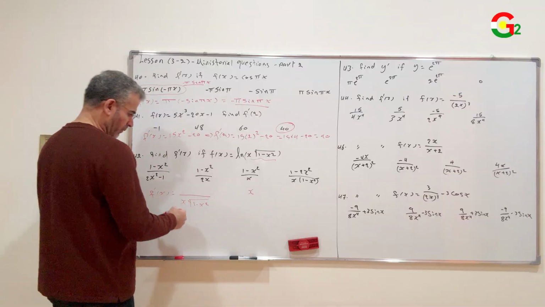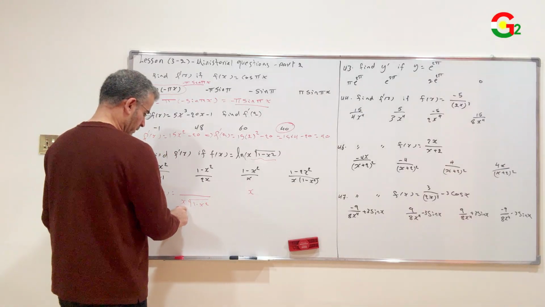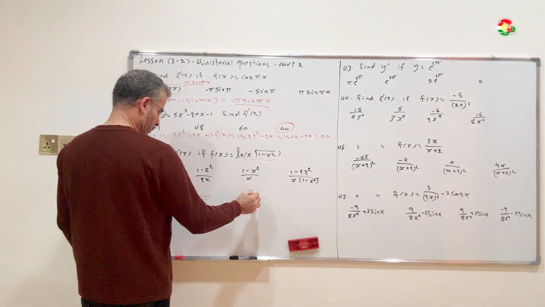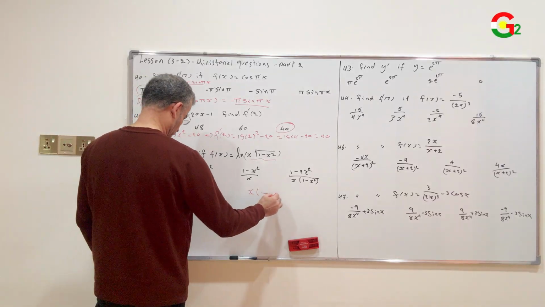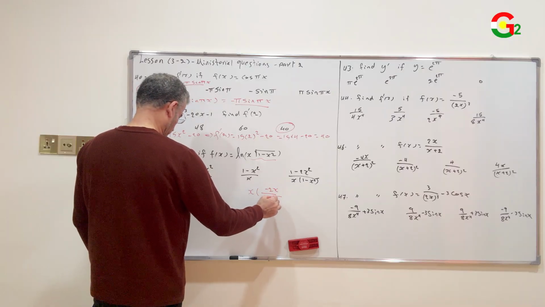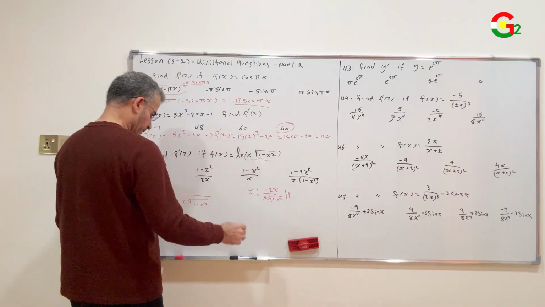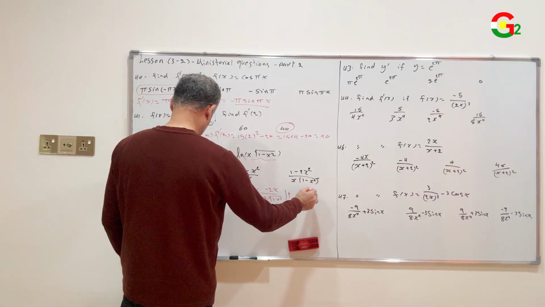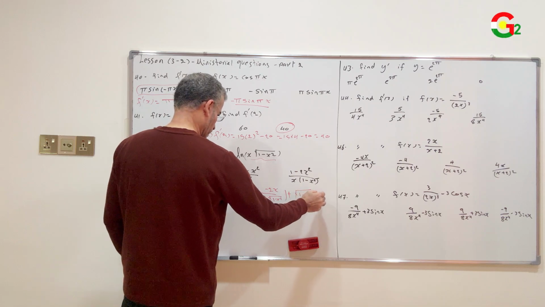The first one, apply the rule of multiplication of two functions. The first one times the derivative of the second one, negative 2x over 2 square root 1 minus x square, plus the second one times the derivative of the first one, square root 1 minus x square times 1.